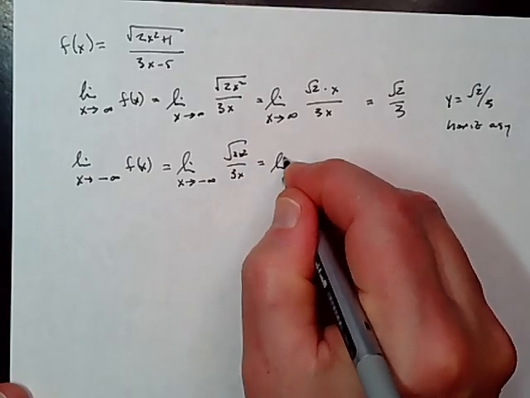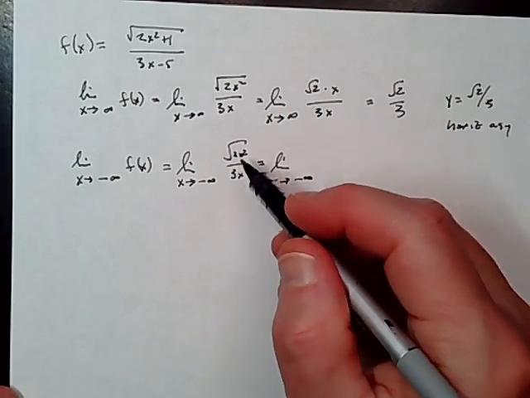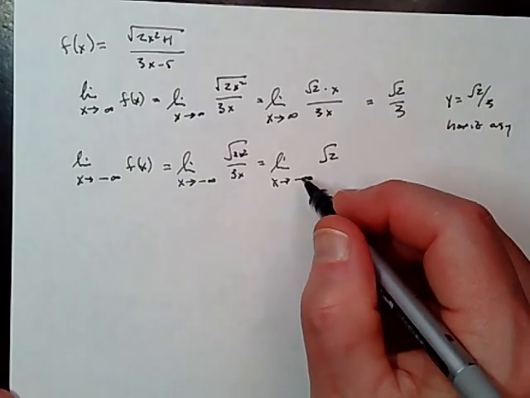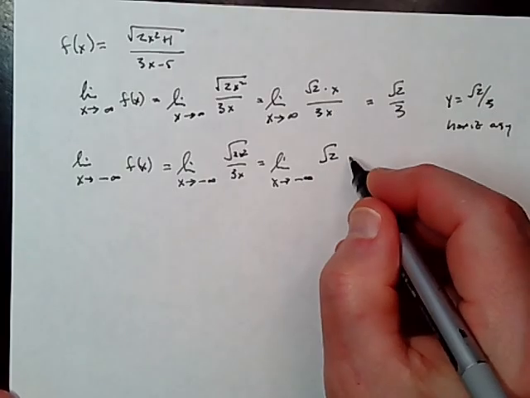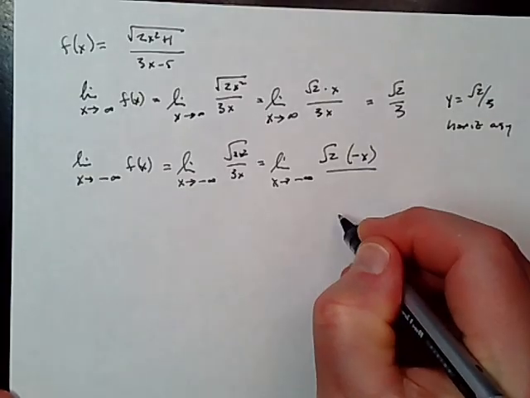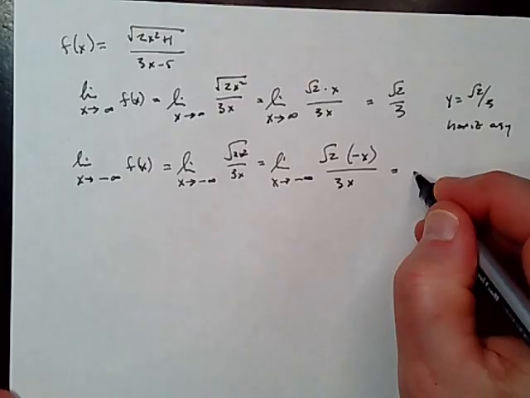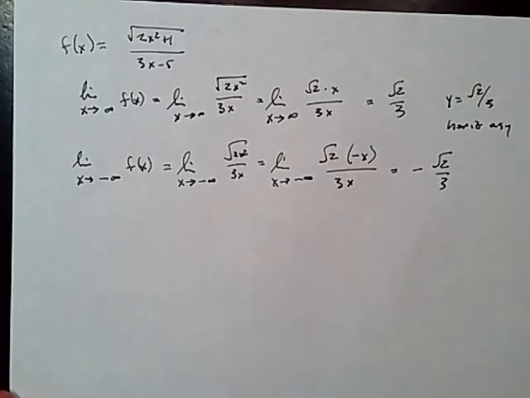Again, I'm taking the square root of 2x squared, so you get the square root of 2, and when you take the square root of x squared when x is a negative number, then you've got negative x, and 3x on the bottom. The x's cancel, and I end up with minus square root of 2 over 3. So there are two different horizontal asymptotes, plus square root of 2 over 3 and negative square root of 2 over 3.